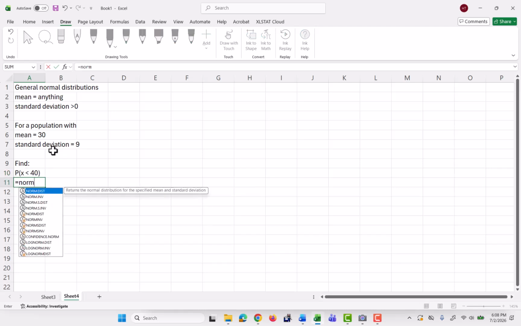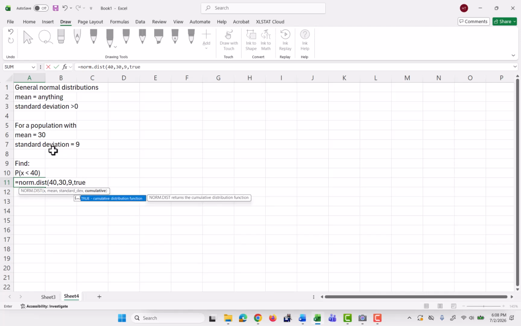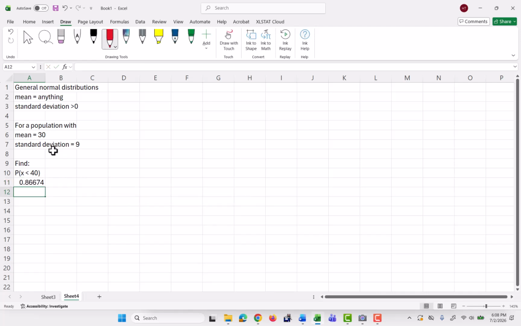So we're going to use the norm.dist, norm distribution, no dot s anymore, because this is not standard normal anymore. So we're looking at less than 40 with a mean of 30 and a standard deviation of 9. And of course, we put in true for cumulative, and we get a probability of 0.8667.